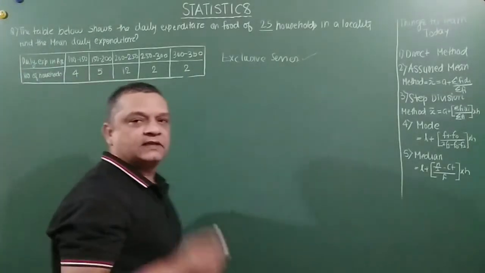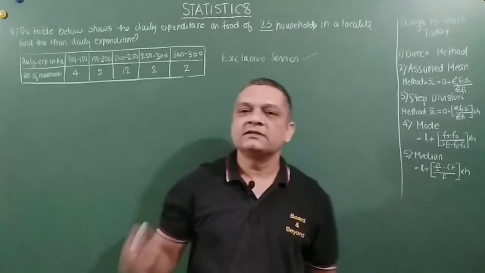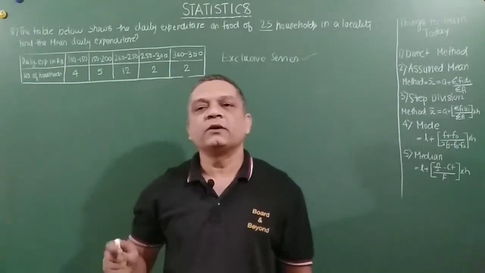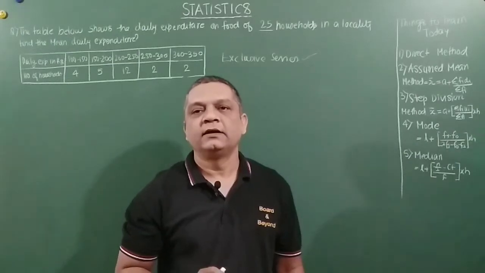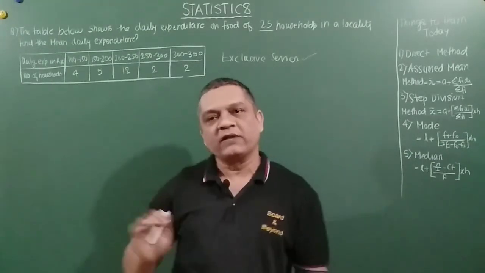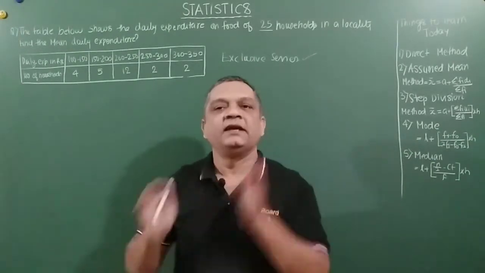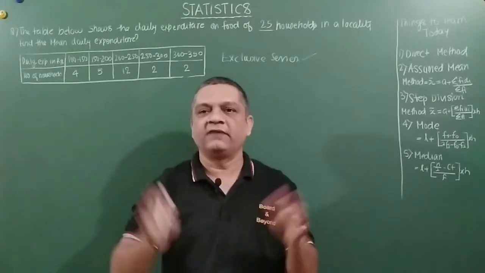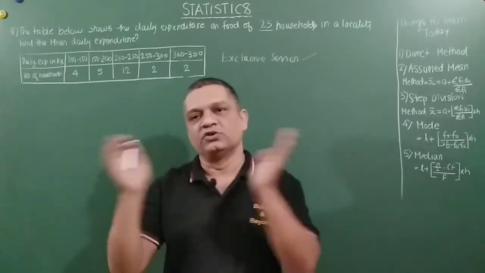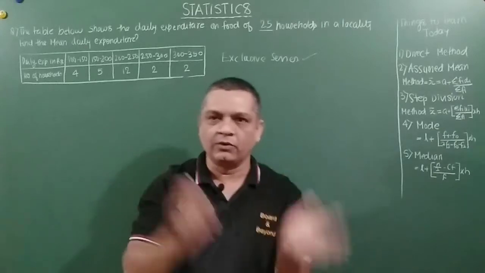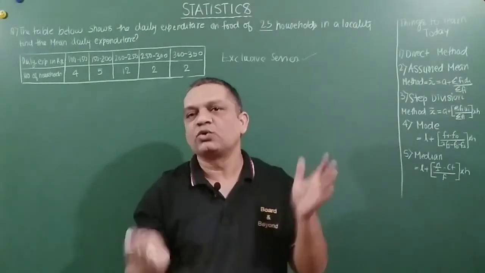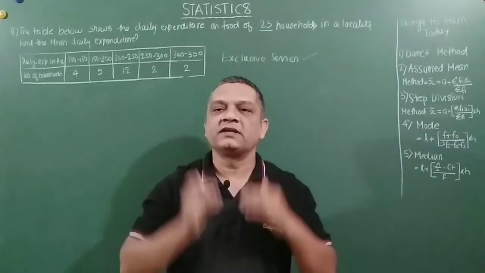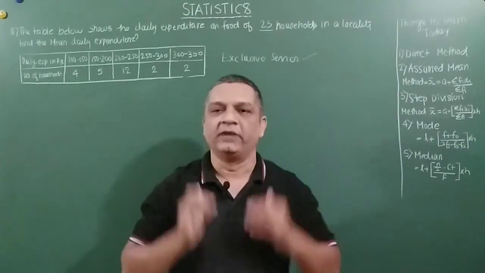And friends, in the examination sometimes they will ask you to find the arithmetic mean for the given data. So please don't get confused. Whatever mean we are taking out here is the arithmetic mean. Of course there are different types of mean: arithmetic mean, geometric mean, harmonic mean, root mean square, and so on. There are somewhere close to 16 to 20 means, but we will restrict our study here to the arithmetic mean.